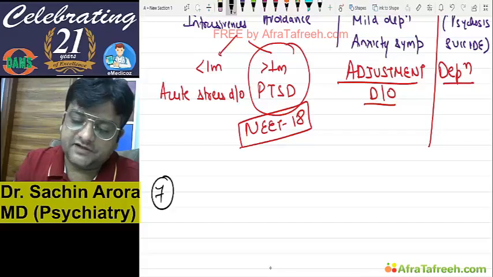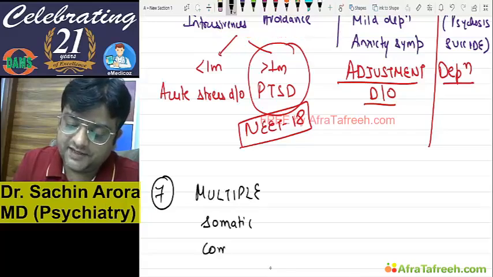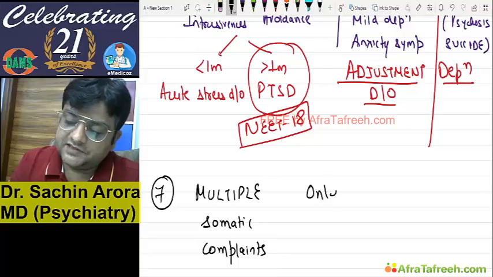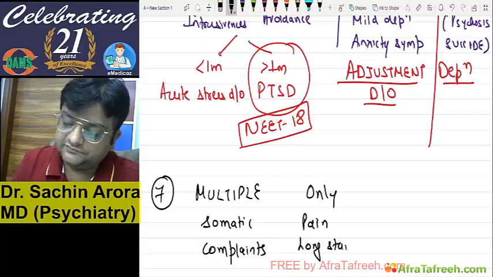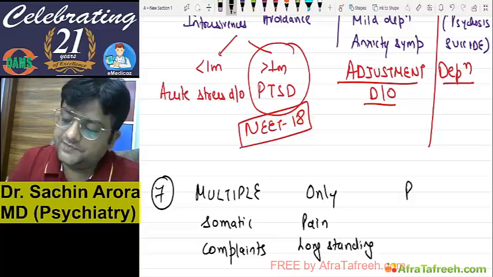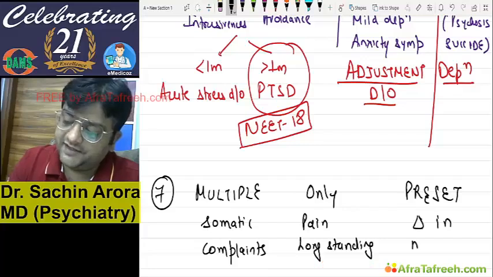Case number 7. If the patient presents to you with multiple somatic complaints, too much pain, or if the patient presents with only long standing pain, or the patient presents with a preset diagnosis in mind.